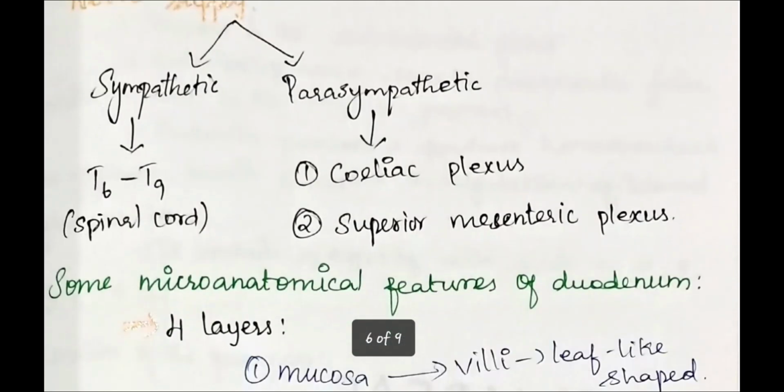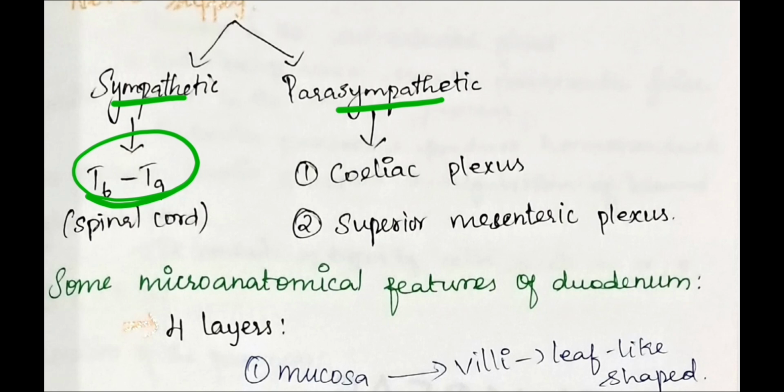So coming to the nerve supply, we have sympathetic and parasympathetic nerve supply for the duodenum. The sympathetic supply is mainly derived from the T6 to T9 spinal cord segments, whereas the parasympathetic supply is from the celiac plexus and superior mesenteric plexus.